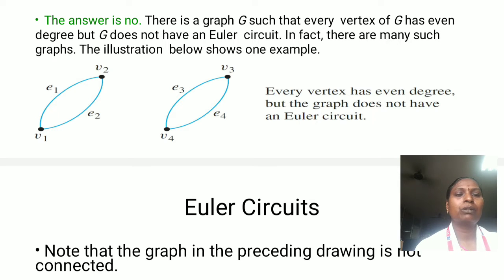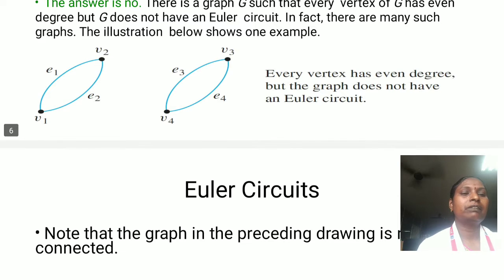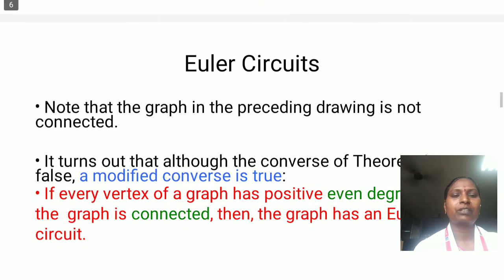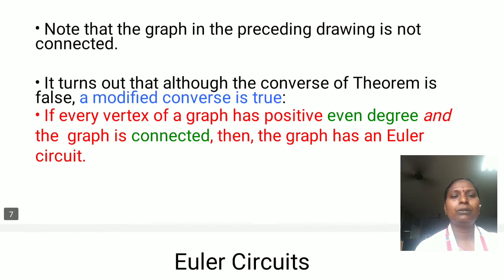The illustration below shows one example. Every vertex has even degree, but the graph does not have an Euler circuit. We have two components, and we cannot find an Euler circuit. Therefore, the above graph does not contain an Euler circuit. Note that the graph in the preceding drawing is not connected.